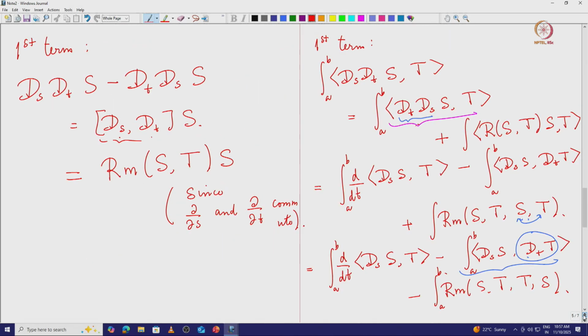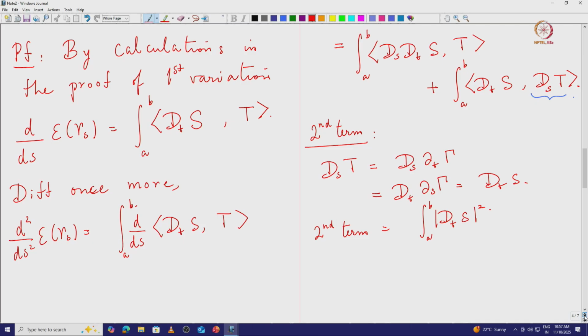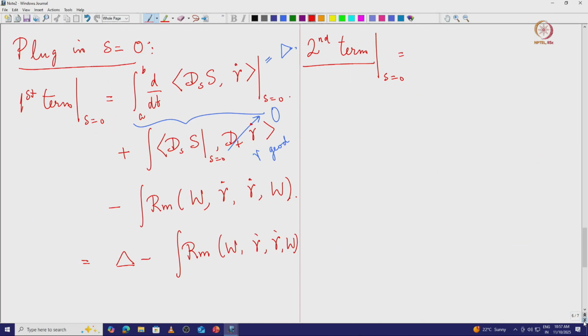So let's go back to where we computed the second term. The second term was basically just this, but if you plug in little s equals 0, then this capital S at little s equals 0 is just the variation vector field W. So the second term is just going to be the integral from a to b of the covariant derivative of W, okay.